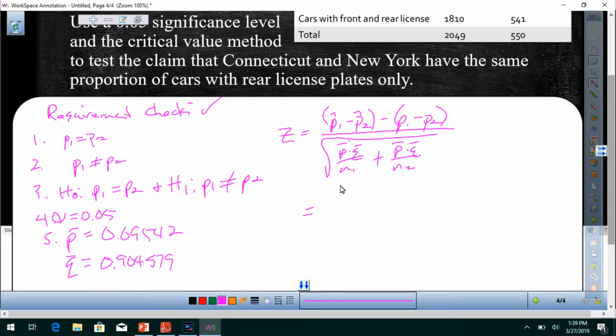All right, and that's going to equal 239 over 2049 minus 9 over 550 minus 0. Because remember, we set those equal to each other.